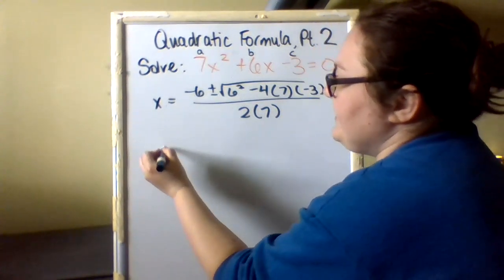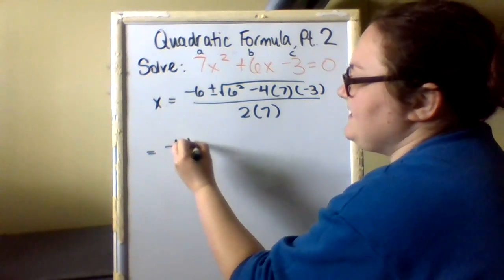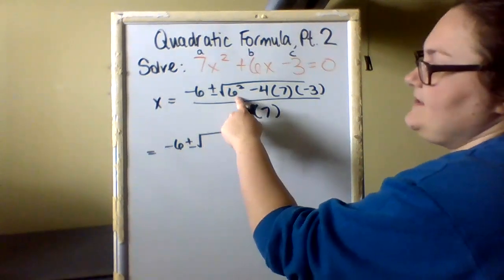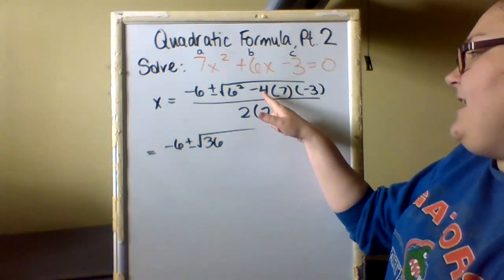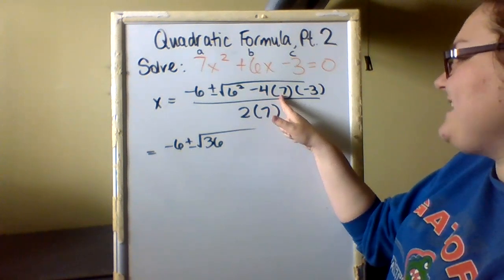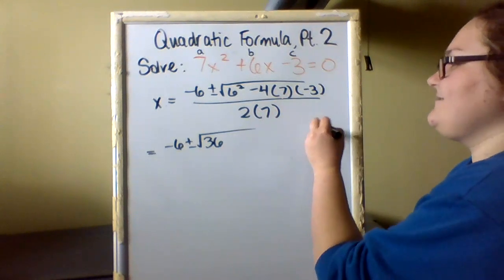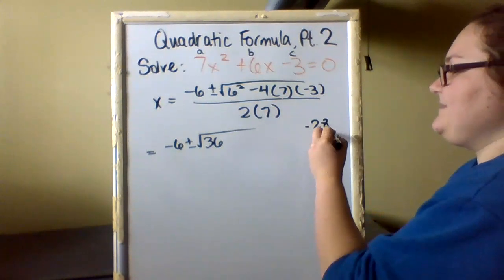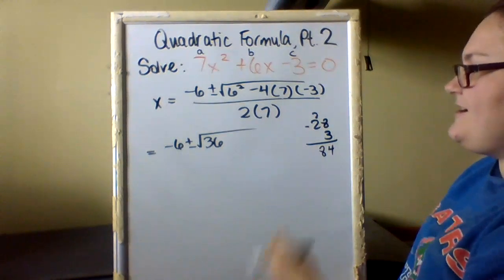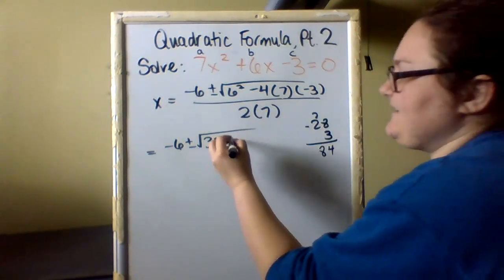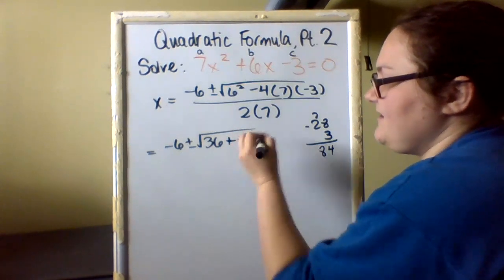When you go through it, you've got your negative 6 plus or minus square root. 6 squared is 36. How do I want to do this? 4 times 7 is 28. A negative 28 times 3. 4, 6, 8. Okay, so we get 84. And because there's 2 negative signs, that gives us a positive 84.